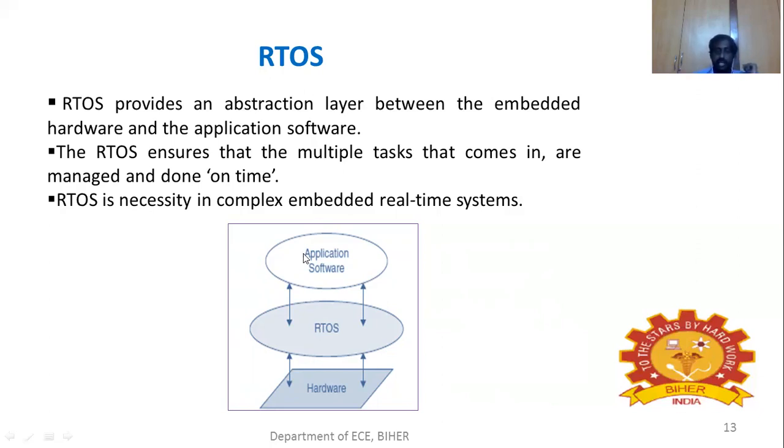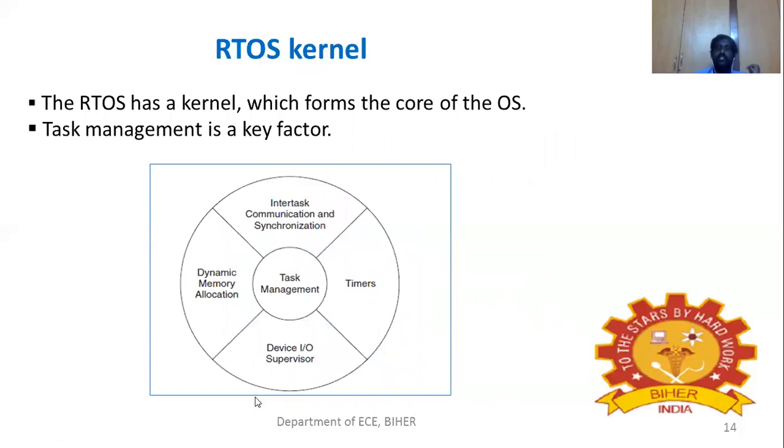So we can see in the diagram the RTOS here. This is the application software and then the hardware. So it provides an abstraction layer between the application software and the hardware. The RTOS has a kernel which forms the core of the OS.